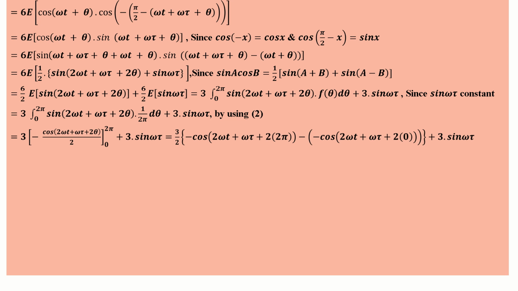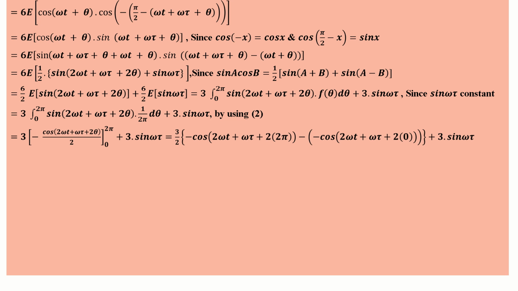So 3 into minus cos(2ωt + ωτ + 2θ) by 2, lower limit 0, upper limit 2π, because the integral of sin θ is nothing but minus cos θ, right? The same formula, but the sign will change. For sin, the integral gives minus cos; for cos, the integral gives sin. So we are using that formula, plus 3 sin ωτ.